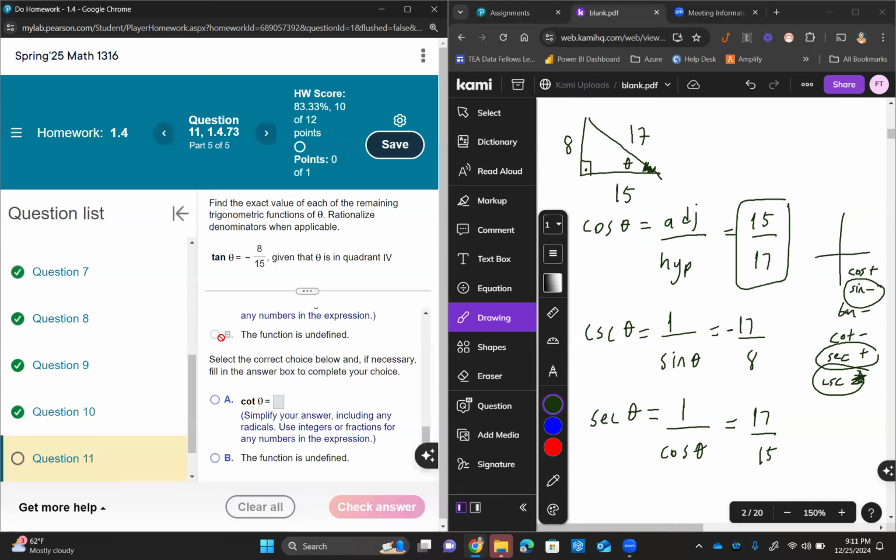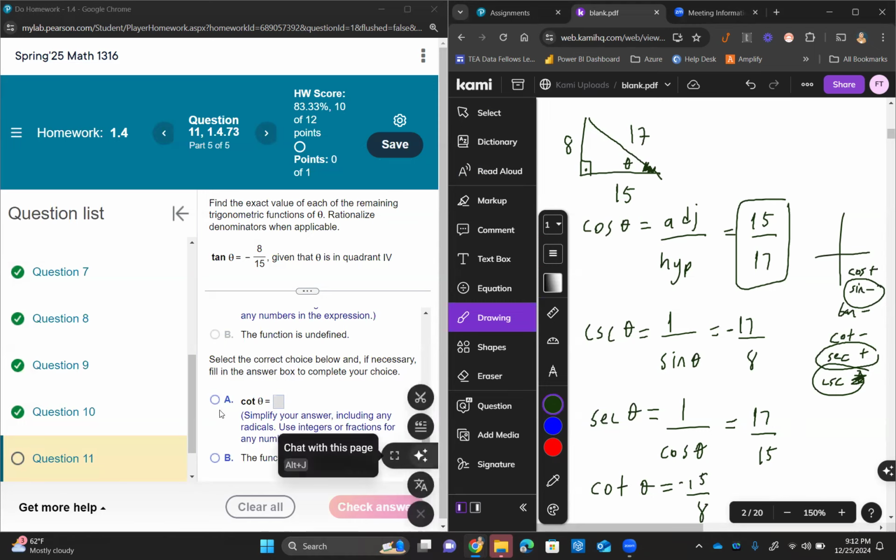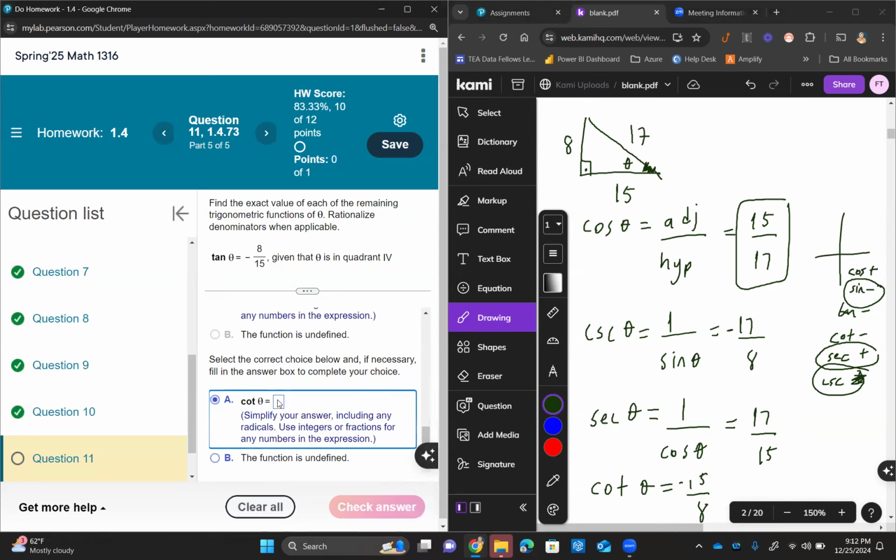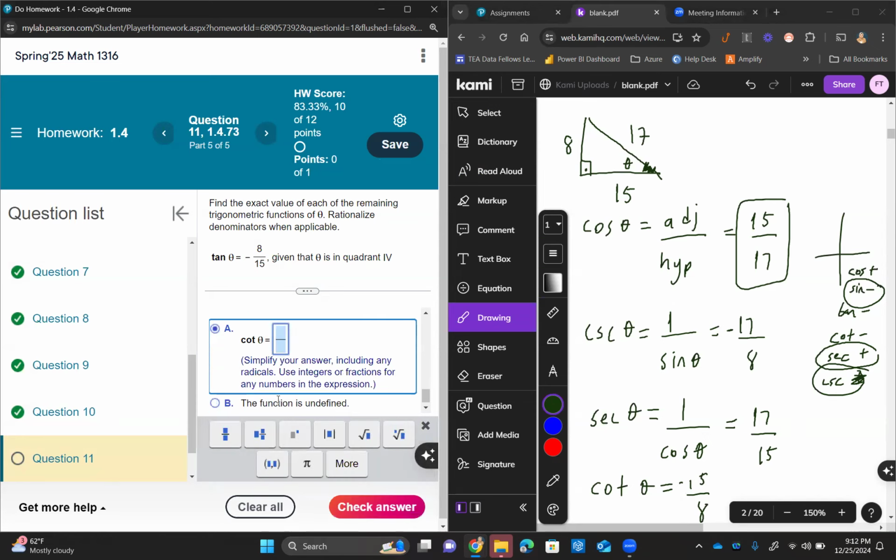And cotangent of theta is adjacent over opposite, so it will be 15 over 8. And again, cotangent must be negative in quadrant 4. So we will need to enter a negative 15 at the top and 8 at the bottom.